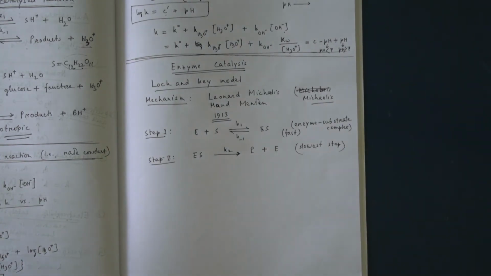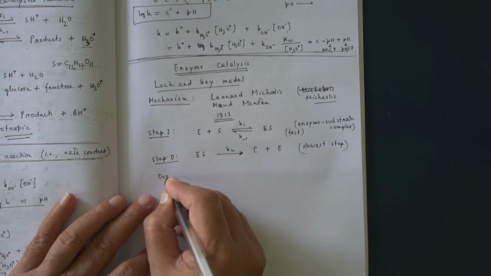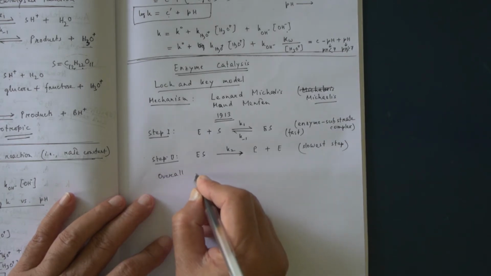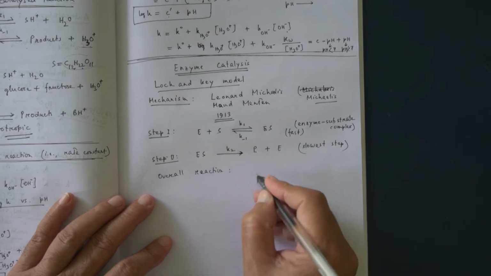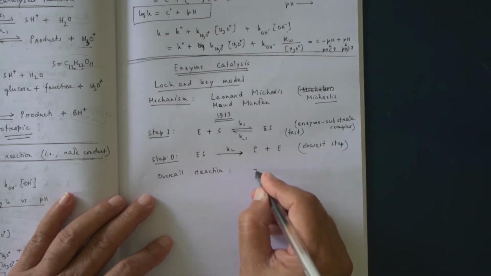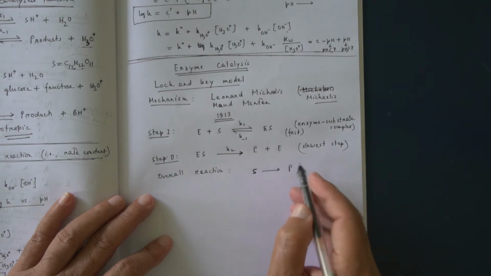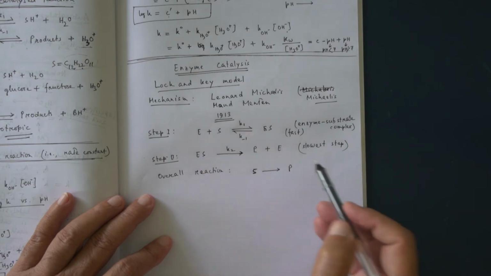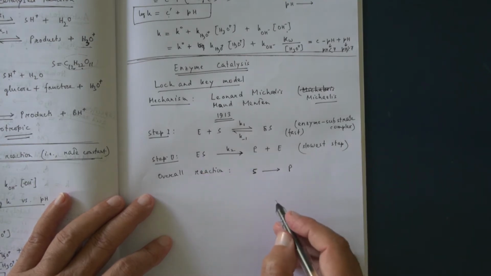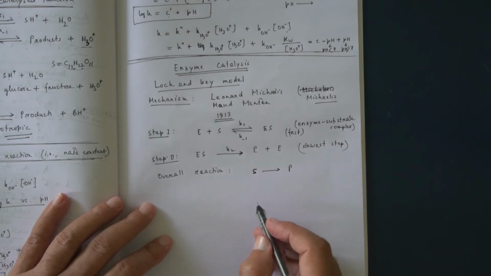Now you see, what is the overall reaction? The overall reaction we can write like this: the substrate is converted to product, because the enzyme cancels out.